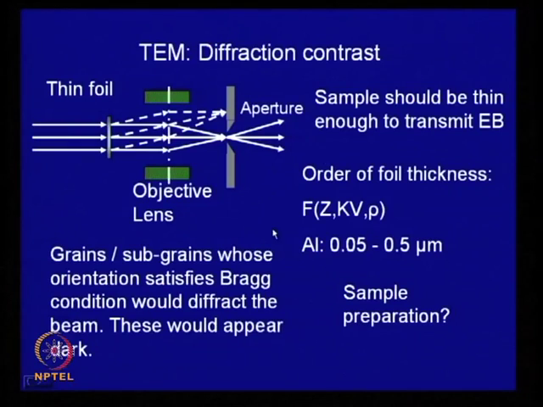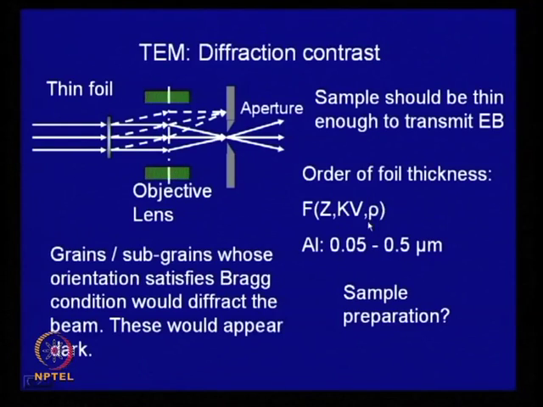Now, here one may question, I said that the sample should be a very thin foil, the thickness should be small enough so that the beam does not get absorbed, it just passes through. Now, the order of foil thickness is a function of several factors like the atomic number of the metal and the voltage that you apply, the kilovolts. With 100 kilovolt, 200 kilovolt, possibly you will be able to examine a relatively thicker specimen.